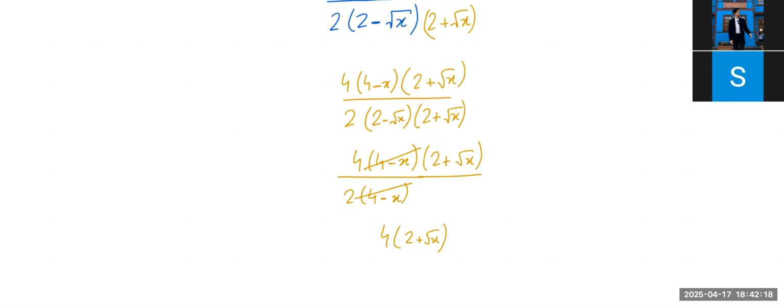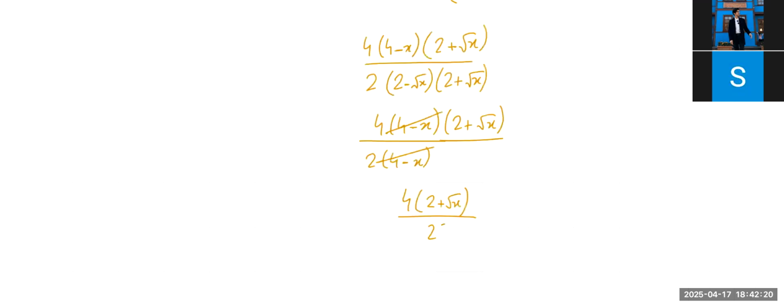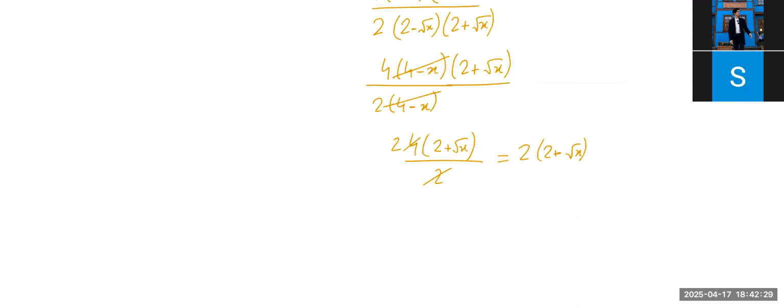And then you can simplify the 2. So that leaves you with this, and now we can plug in the 4, which leaves you with 2 times 2 plus root of 4, which is 2 times 4, which is 8.